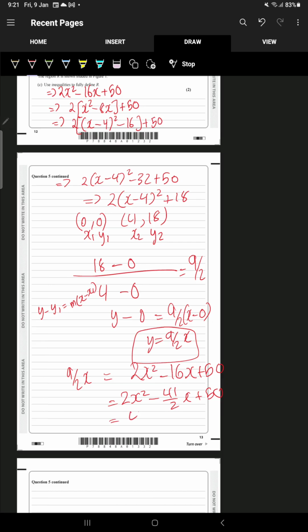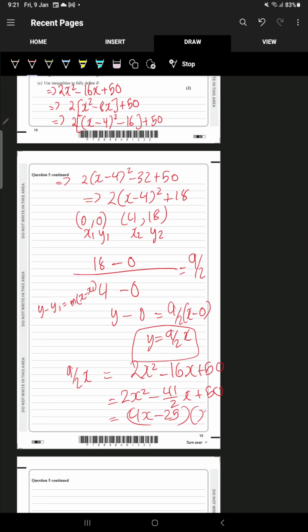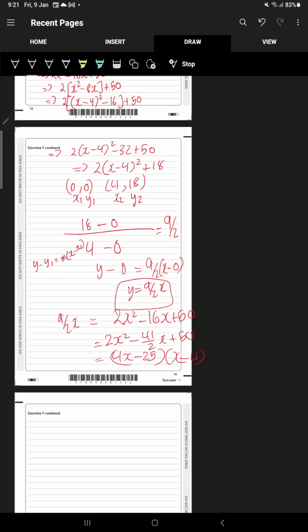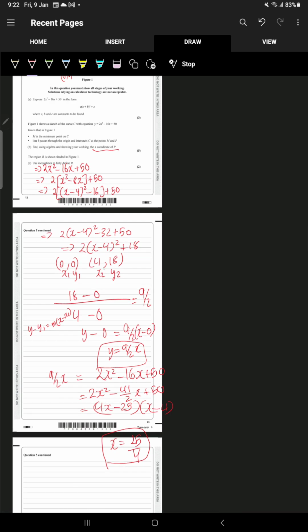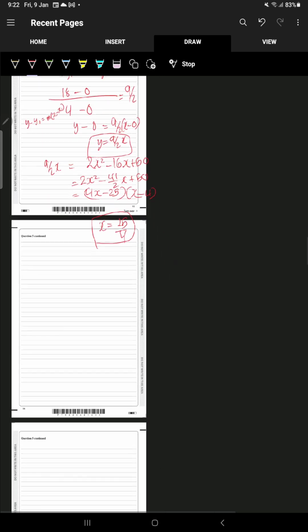This is going to give us 4x minus 25, and this is going to be x minus 4. So that means that x is going to be 25 over 4. All right, this one, x equals 4, was the minimum point there.